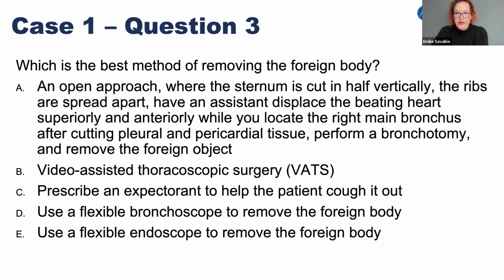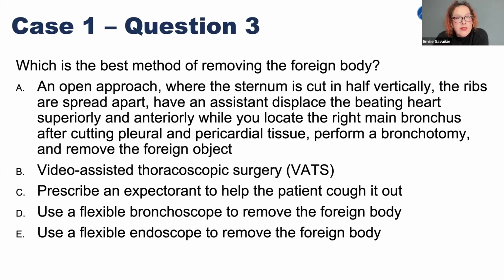This requires 5 to 7 days of hospitalization, 6 weeks of recovery and rehabilitation, and about 6 months of healing to a position where you're probably worse off than you started. B, video-assisted thoracoscopic surgery, which is the same as A, but you don't open everyone up. You use a little tube and you go through the thoracic wall without having to open it up.